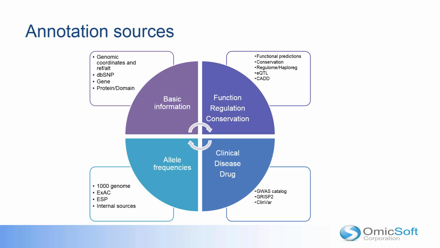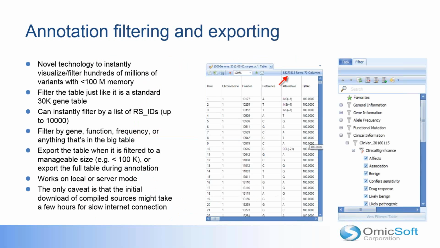We compile all these sources at the variant level, and when the user starts to annotate their own dataset, by default everything is checked. But the user obviously can work on a subset of these annotation sources to get the information they want. So we built a novel technology to instantly visualize and filter hundreds of millions of variants on a basic user's laptop.